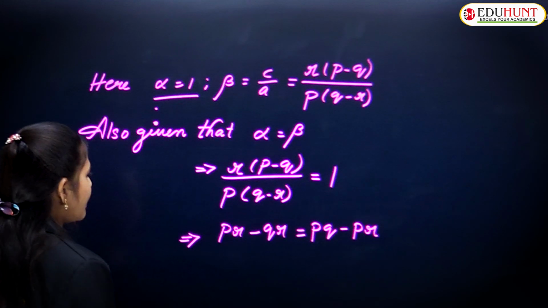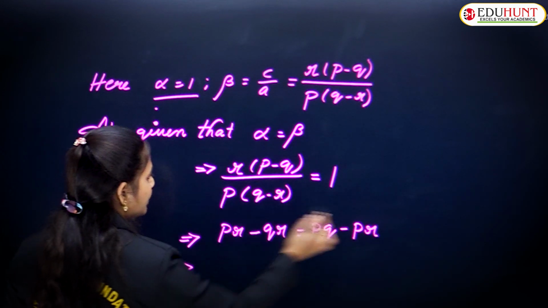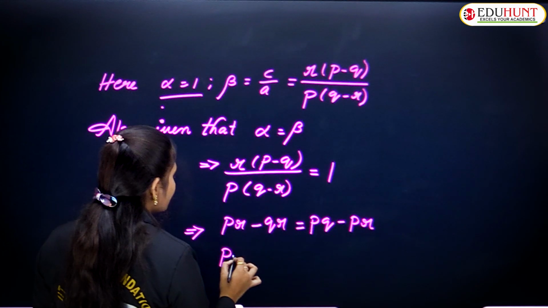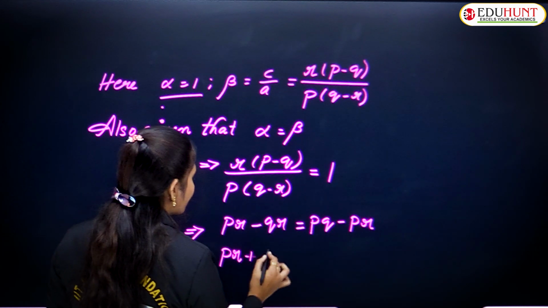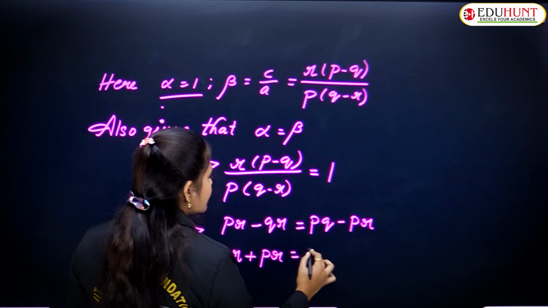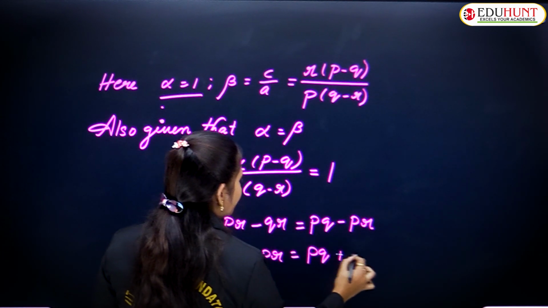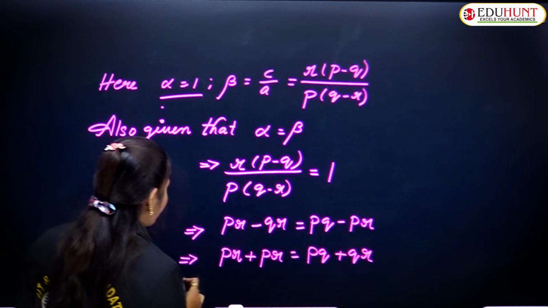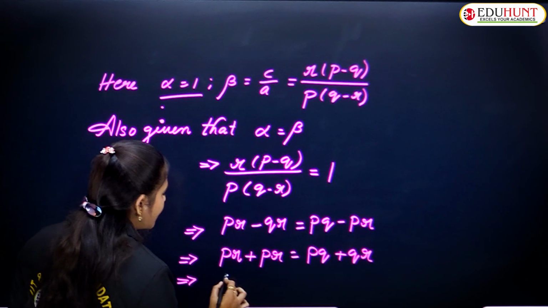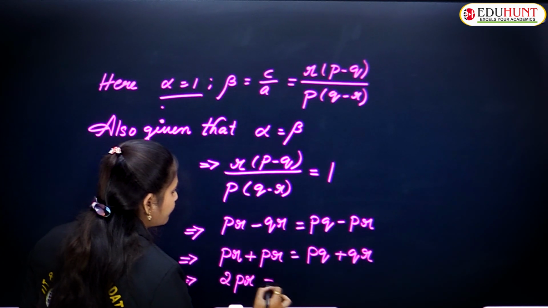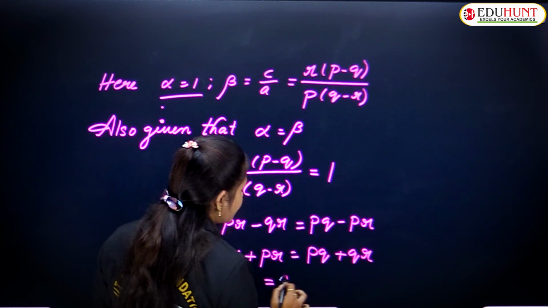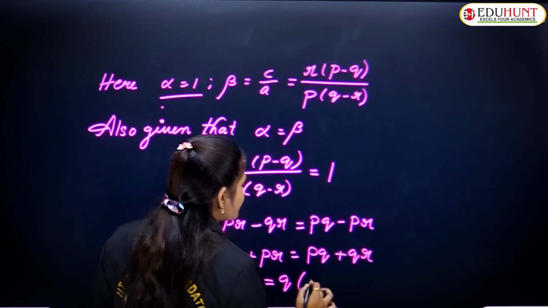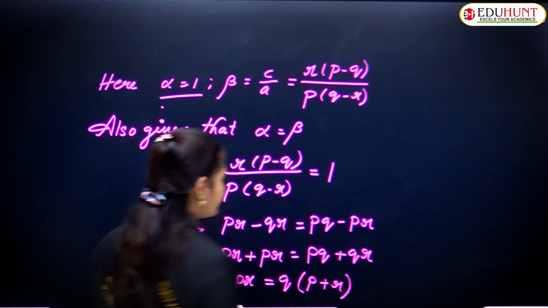Clear? From this, pr is there, so transposing the terms, minus pr becomes plus pr, which equals pq plus qr. So pr plus pr equals 2pr, which equals, taking q as common from these two terms, q into p plus r.